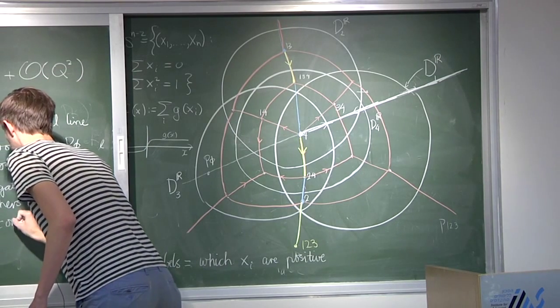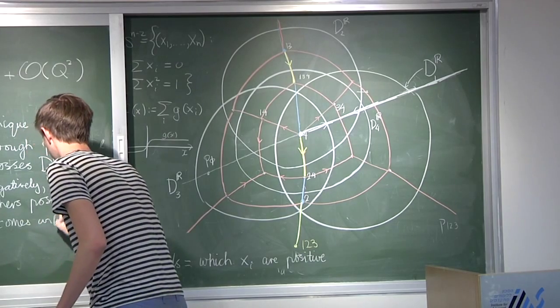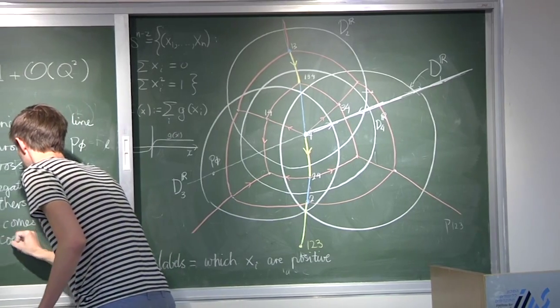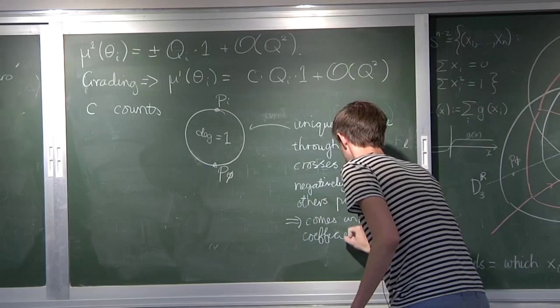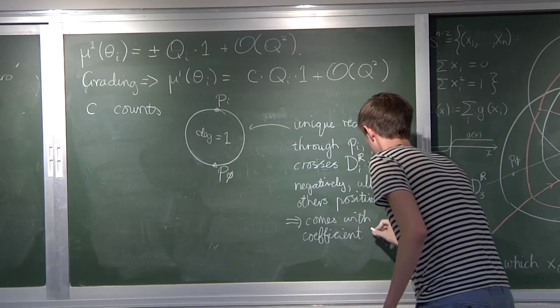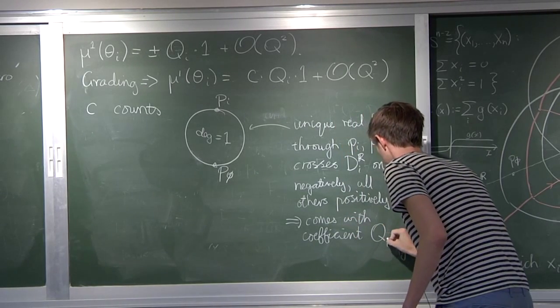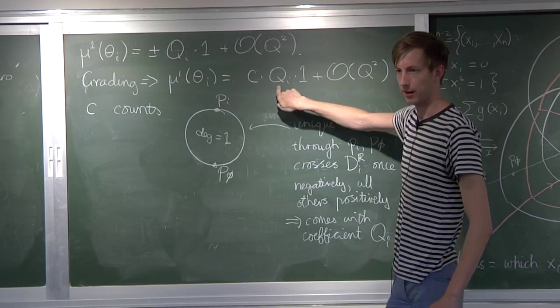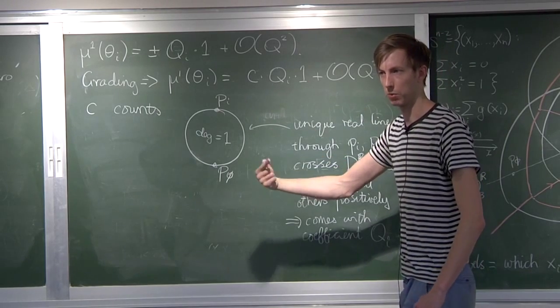So this is why it comes with a coefficient of Qi, because it just has intersection number 1 with that divisor.